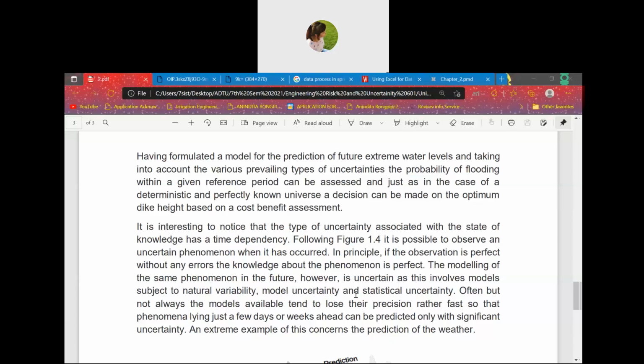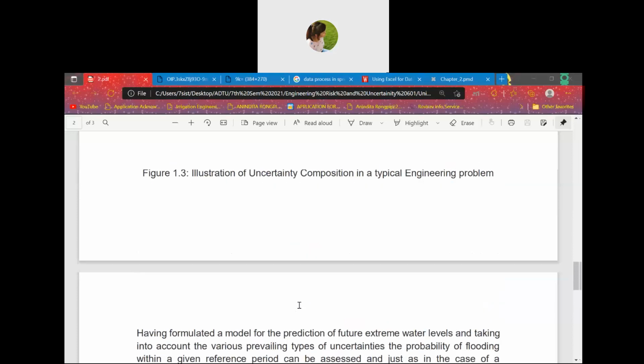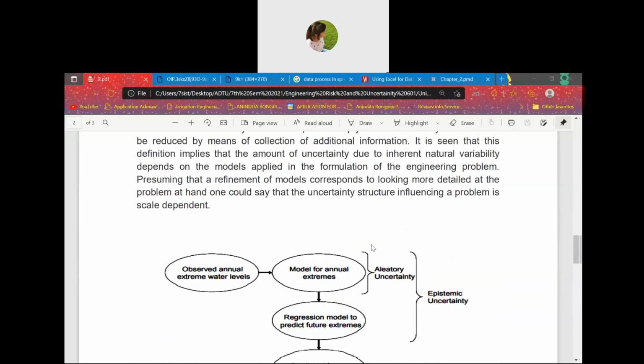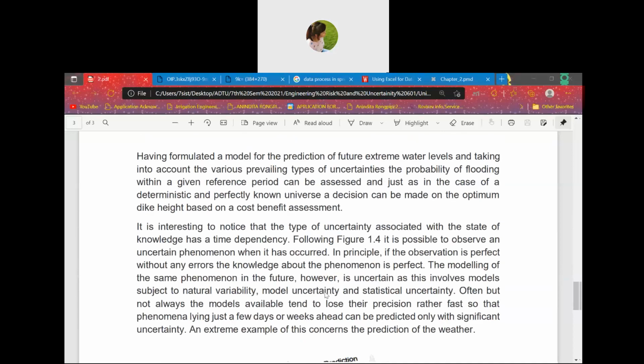So this perfect phenomenon may not be perfect in the later or future stages because of the two types of uncertainties that we have already studied, aleatory uncertainty and epistemic uncertainty. Often, but not always, the models available tend to lose their precision rather fast, so that phenomena lying just a few days or weeks ahead can be predicted only with significant uncertainty.